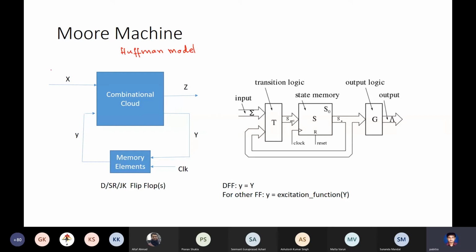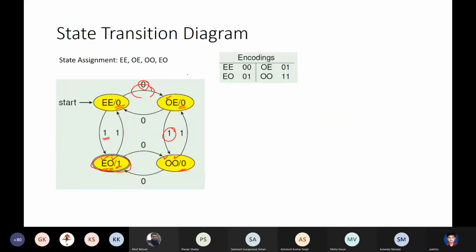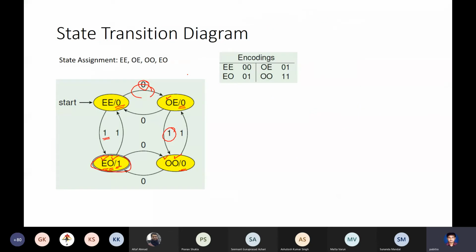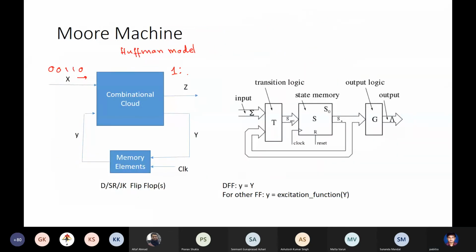You have an input which is a bit string, say 0 0 1 1 0. We have an output which will be 1 for the acceptor, even 0, odd 1s, and 0 otherwise.